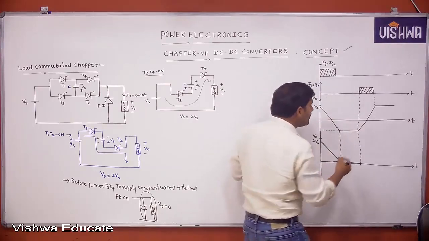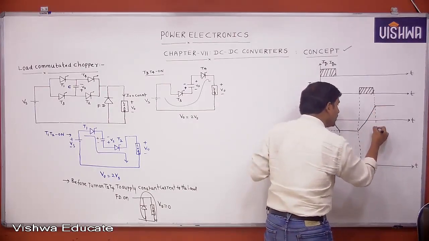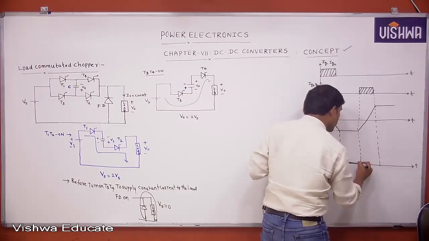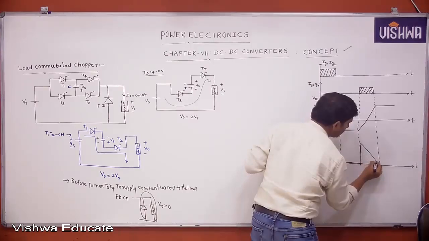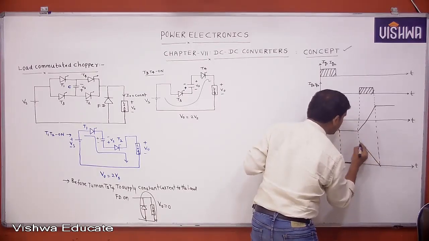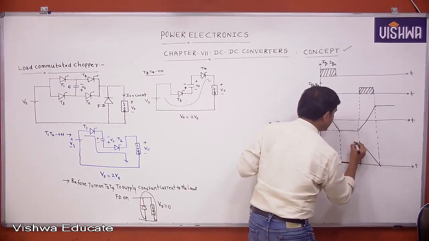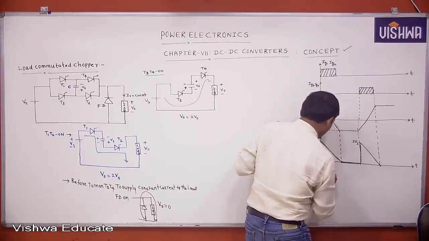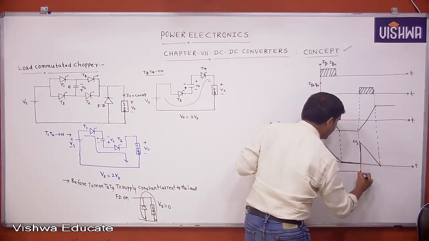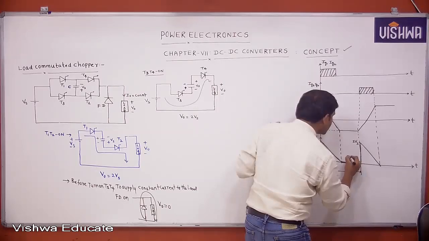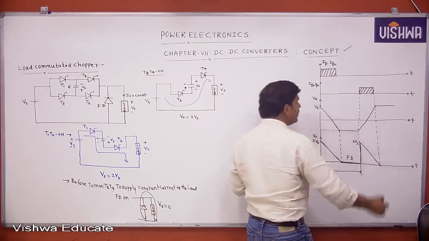Okay. Now during this, T3, T4 is conducting. Then what is the output voltage? Again it is 2 Vs. This is one time period. One pair of thyristors and a freewheeling diode conducting is taken as one pair.